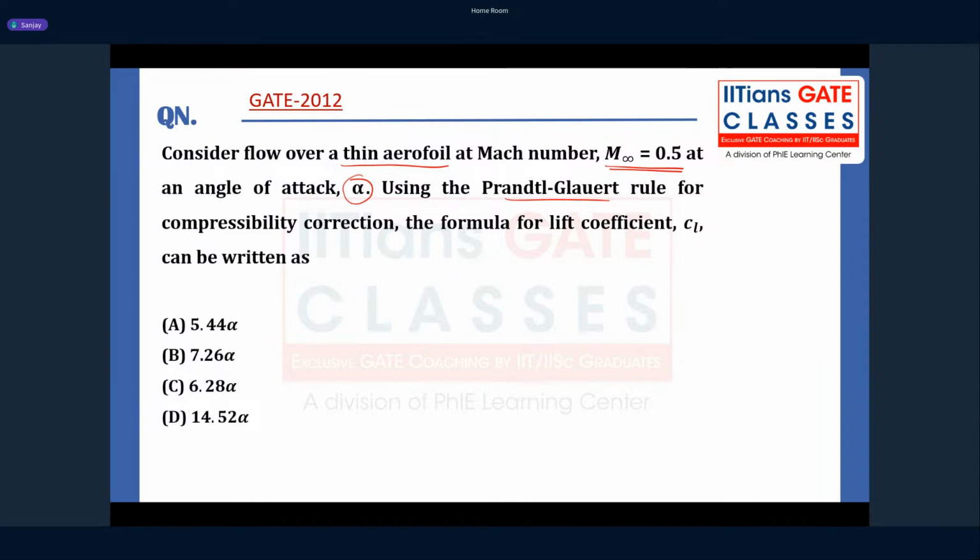So it is telling you to use a thin aerofoil, which means you can use the results of thin aerofoil theory. This aerofoil is placed in a free stream Mach number 0.5, and it is kept at an angle of attack alpha.